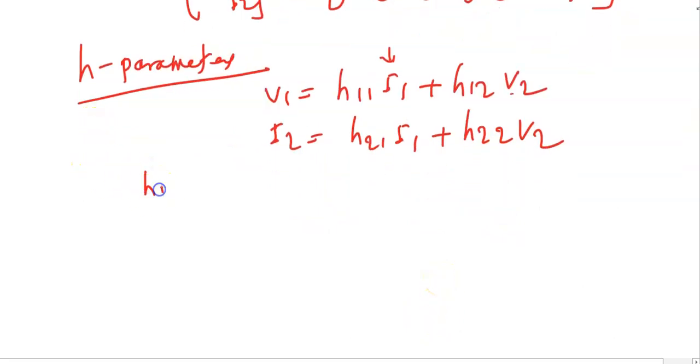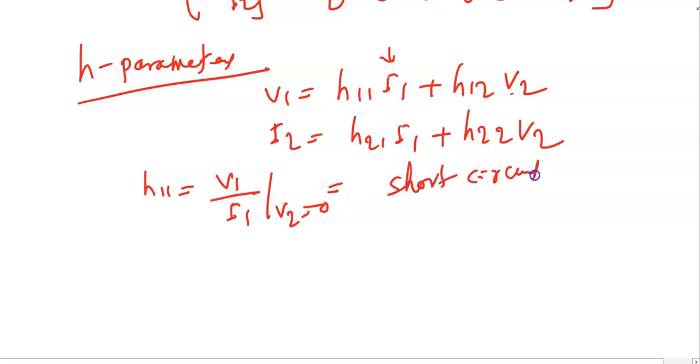So H11 by definition is V1 upon I1 when V2 equal to 0. V2 equal to 0 means the output is short circuited. So it is called the short circuited input impedance.